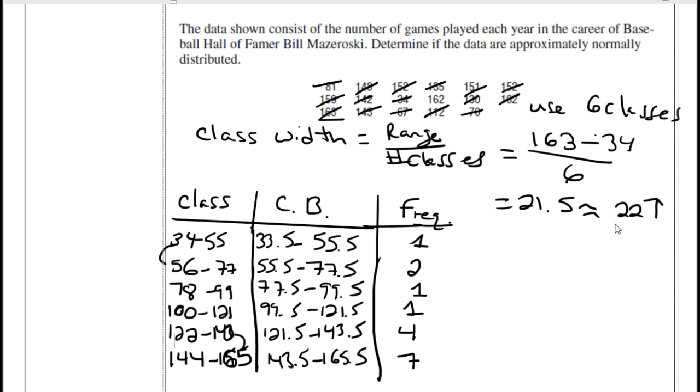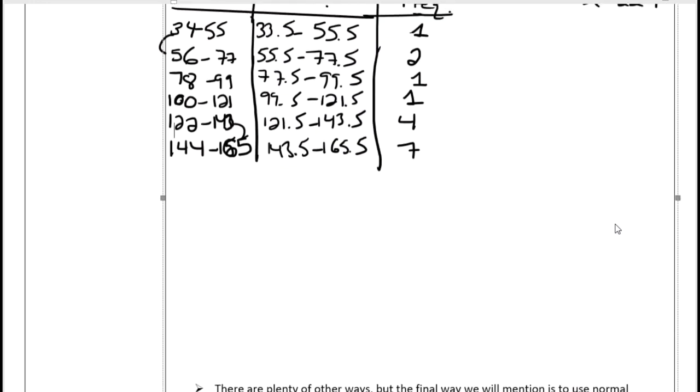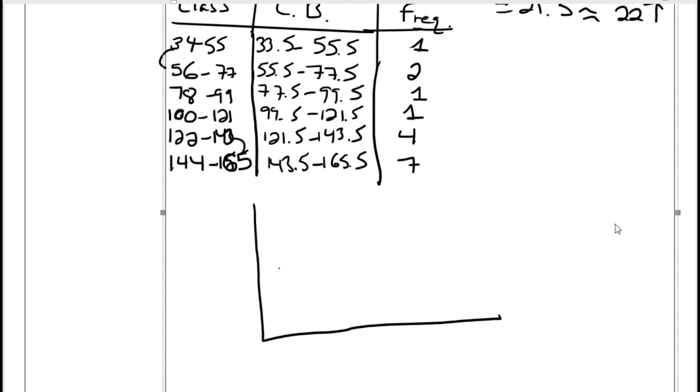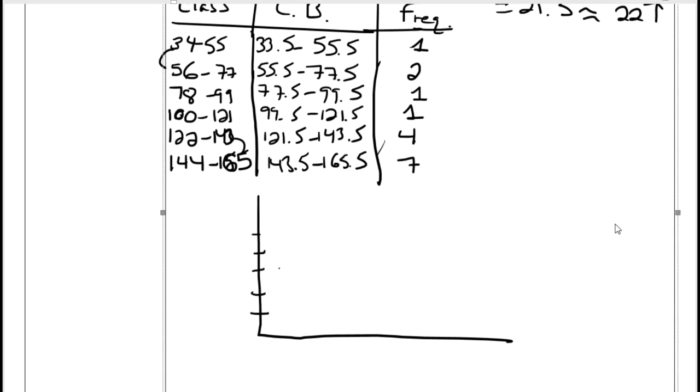All right. So now we can go ahead and draw the histogram real quick. Oops, let's erase that. Let's do that a little better. So our highest is 7. So we're going to do 1, 2, 3, 4, 5, 6, 7.